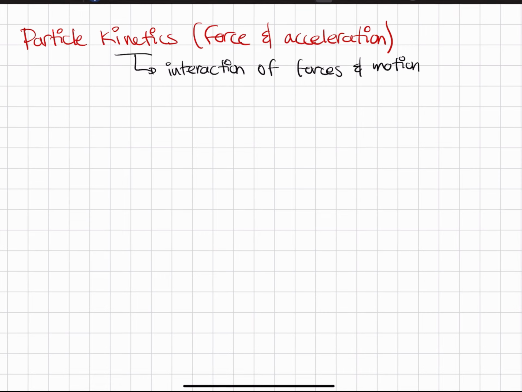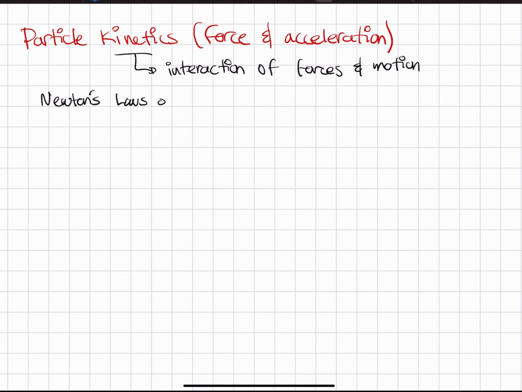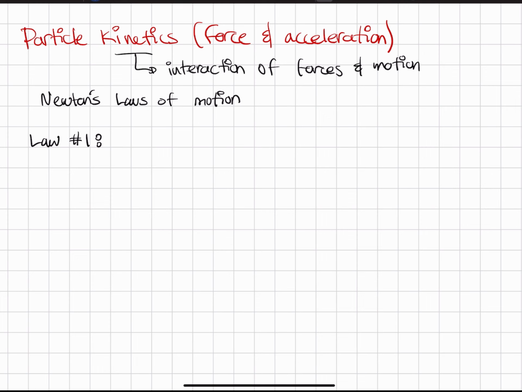So it's important to start off by looking at Newton's laws of motion. Law number 1 of Newton says that a body at rest or at constant velocity retains that state unless acted upon by a force.